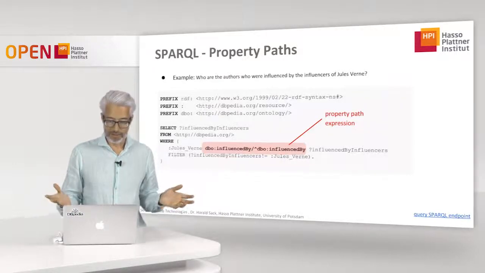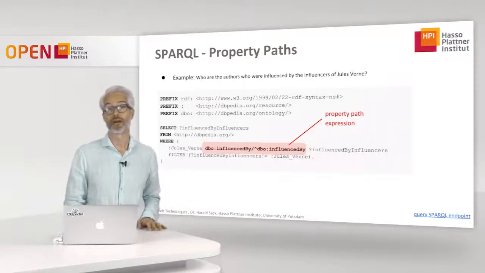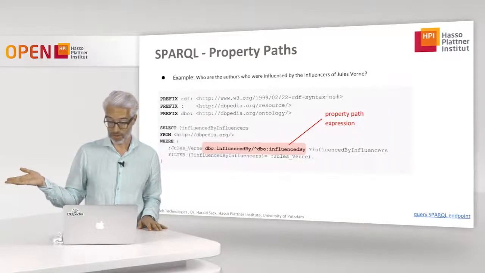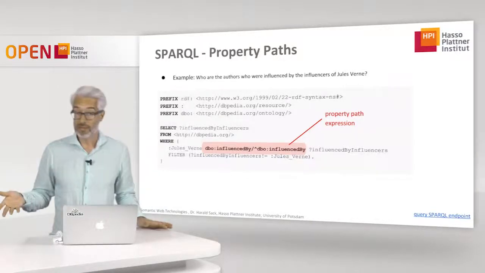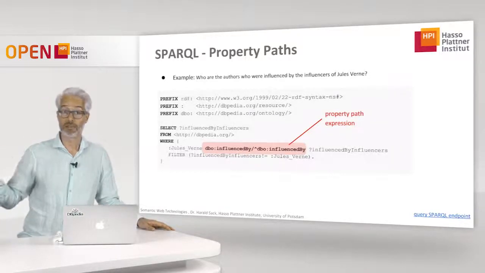So the example is, who are the authors who were influenced by the influences of Jules Verne? What we are trying to look for is, we have a given URL, which is Jules Verne, and we want to look at by whom Jules Verne has been influenced and who else has been influenced by these influencers.